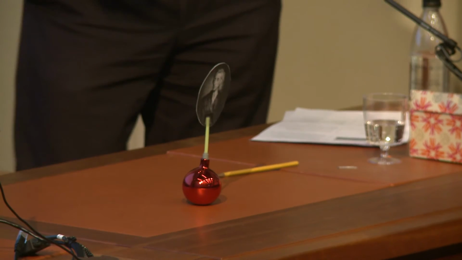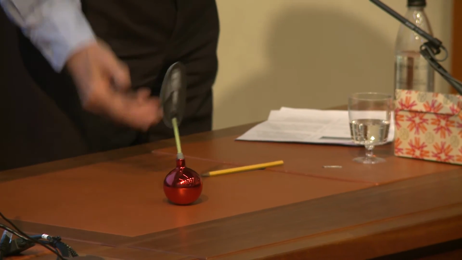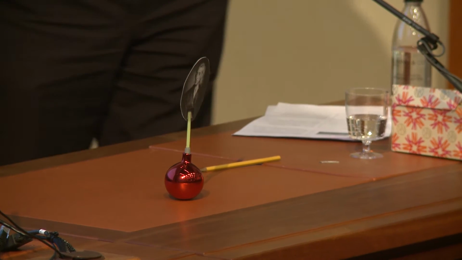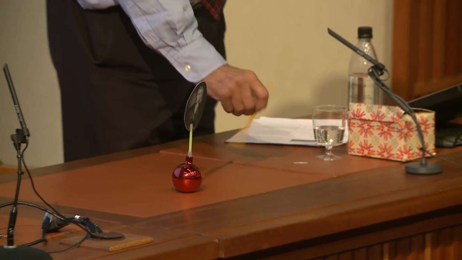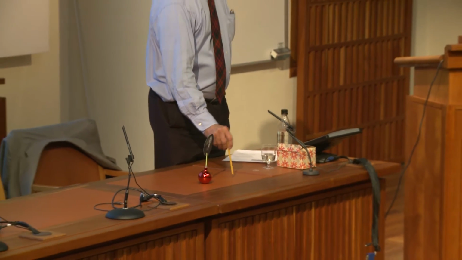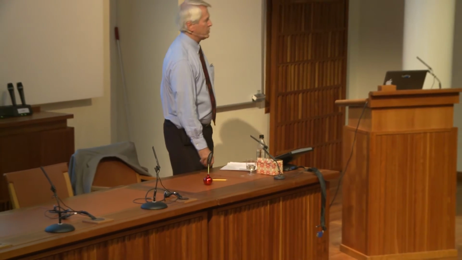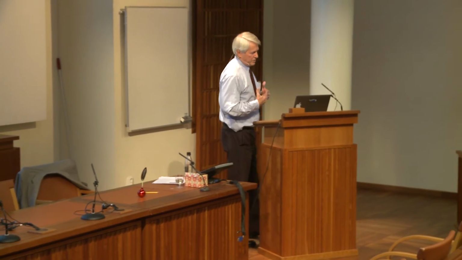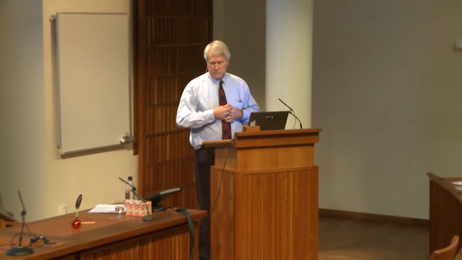If I drop it and perturb it, leave it, it will return to its upright position. So we have two systems which behave very differently. This equilibrium is unstable, that's stable. That's I guess the easiest illustration you can make of the difference between stable and unstable equilibrium.